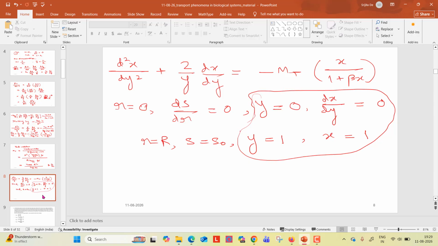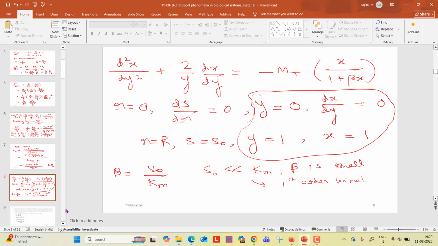Now if we want to solve this, still it is difficult to solve, right? So for that we will consider, we have said that beta is S0 by Km. So if S0 is less than Km, beta is a very small value. Then we can consider it as first order kinetics.